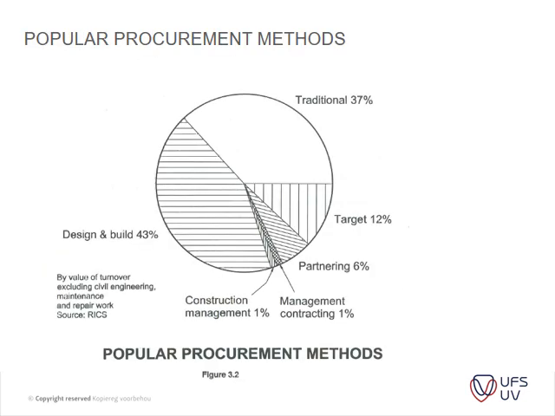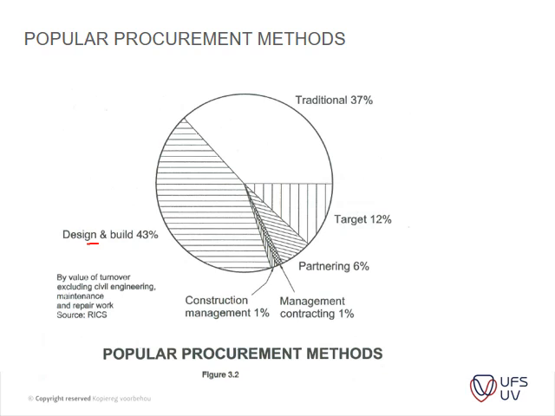Okay, then we get to our procurement methods. So our procurement methods are divided into this table that's shown here. So we've got our design and build. Okay, so this information is from the UK. So this is according to monetary value.